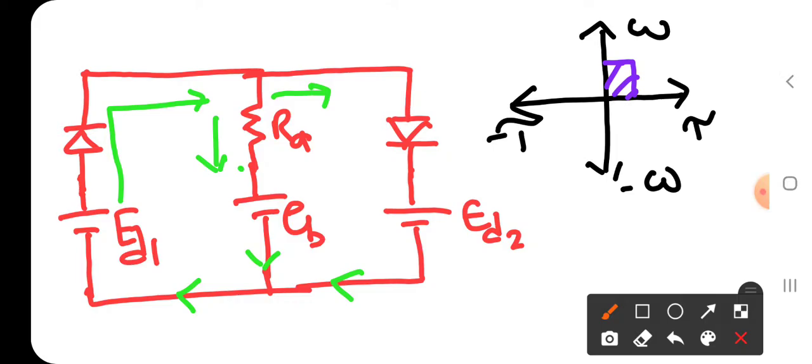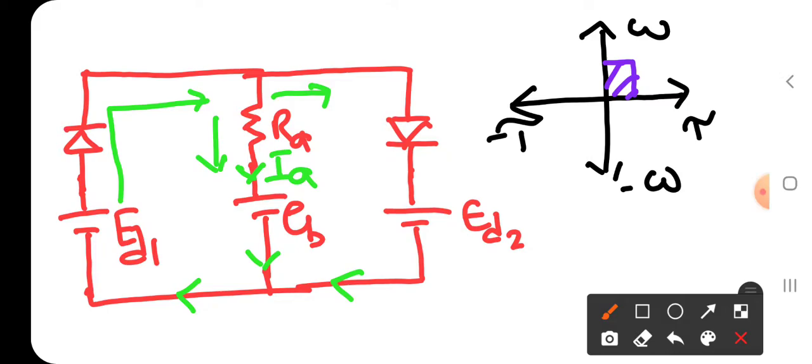As the motor is producing the torque, the armature current is towards the motor, so I draw it like this. Is it okay?